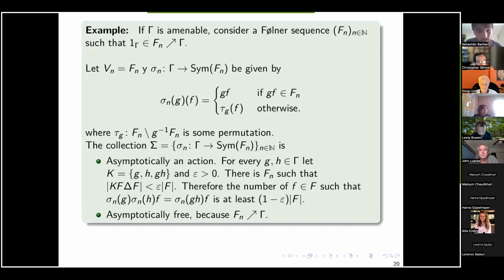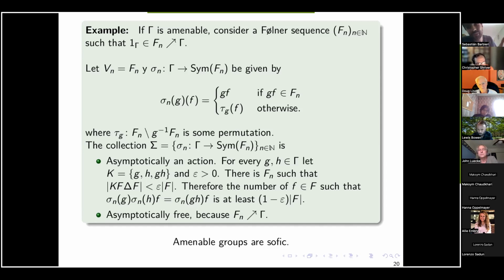Okay, so this collection is going to be asymptotically an action, essentially because F_n is a Følner sequence. So the number of g's such that this thing lies outside is going to be very small asymptotically. And second, this is going to be asymptotically free because my set is growing up to the whole group. So everybody's going to be inside at some point and going to be moved non-trivially. Okay, so this shows that amenable groups are sofic.